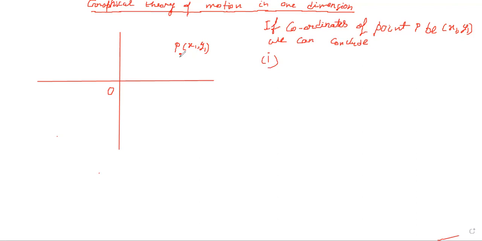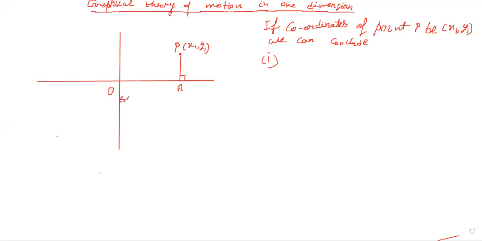The first conclusion is this: if we mark a point A, so A is called the foot of the perpendicular drawn from P to the x-axis.